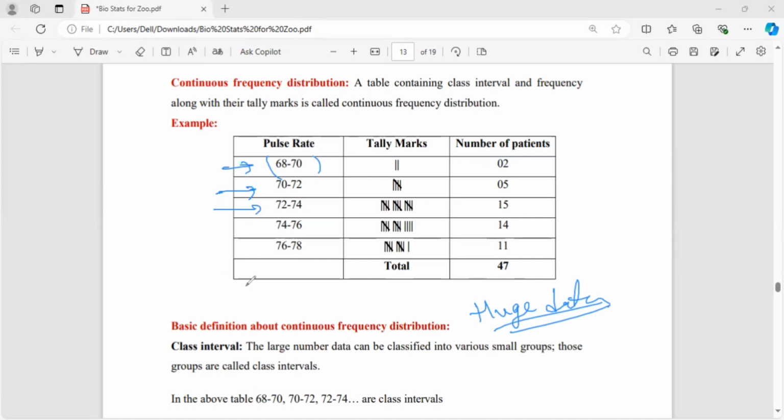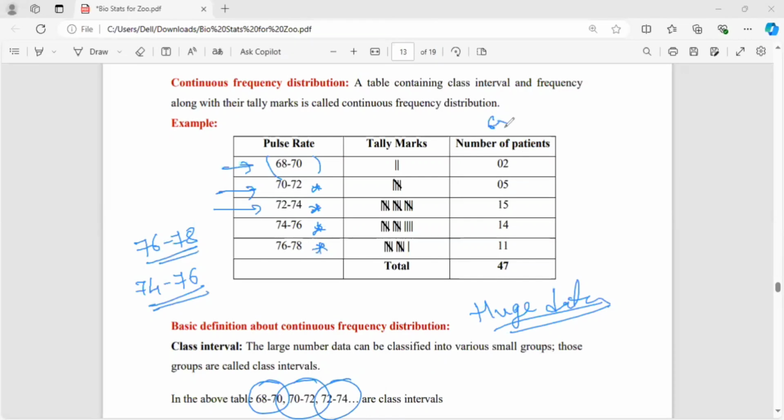For example, in this table, 68 to 70 is the first class interval. 70 to 72 is the second class interval. 72 to 74 is the third class interval. Then 74 to 76 is the fourth class interval, and 76 to 78 is the fifth class interval.